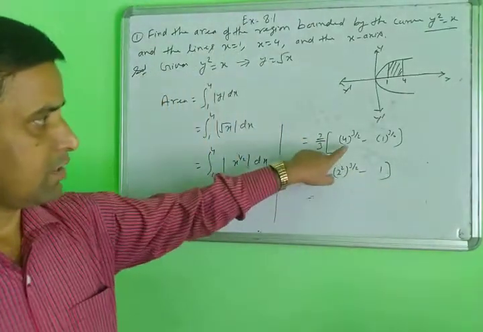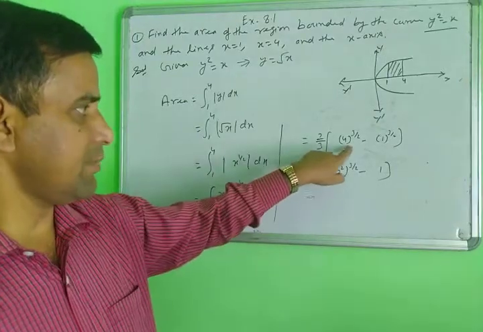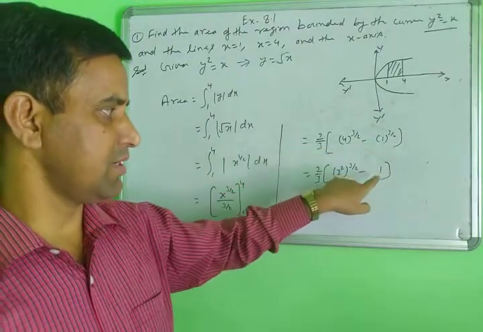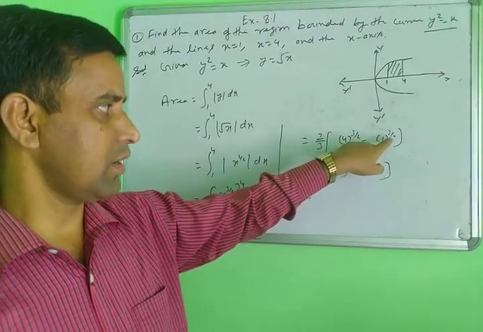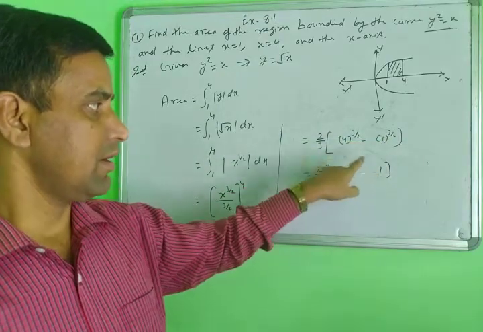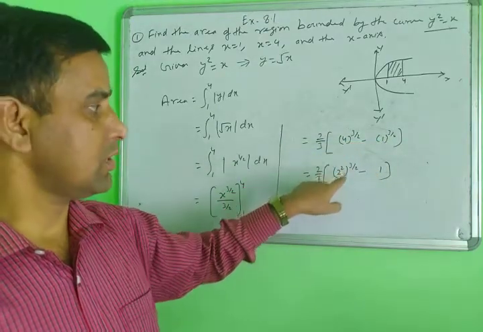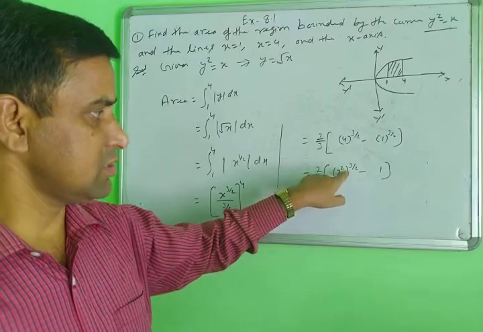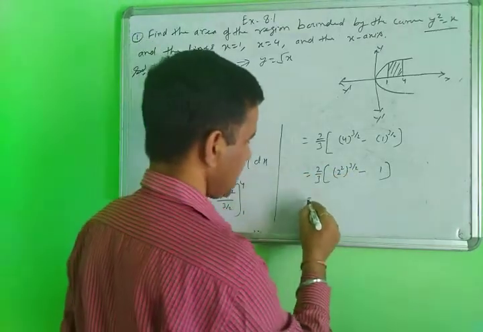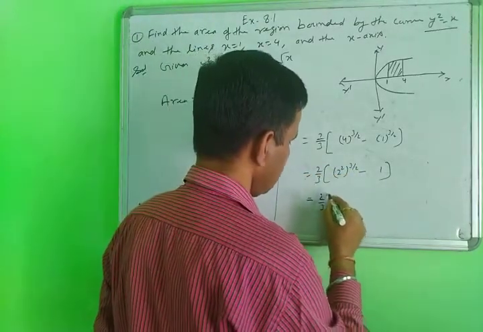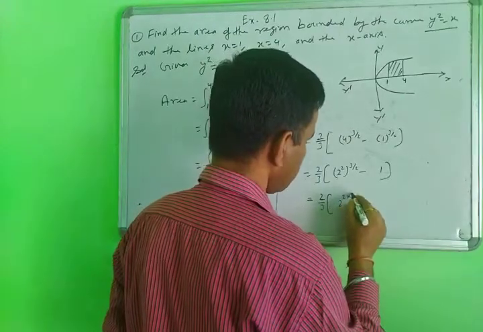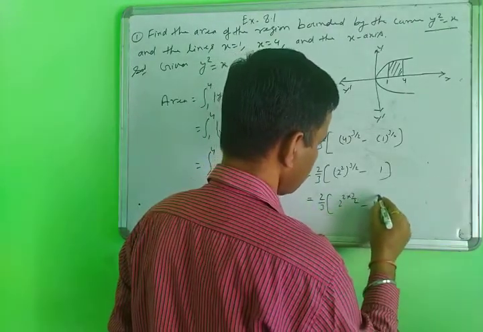First of all, you use the upper limit, then minus the lower limit. The value of 1 to the power 3 by 2 comes out as 1, but this 4 converts into the square of 2, because this 2 and this 2 will be cancelled. What is left here? 2 upon 3, 2 square to the power 3 upon 2, minus 1.